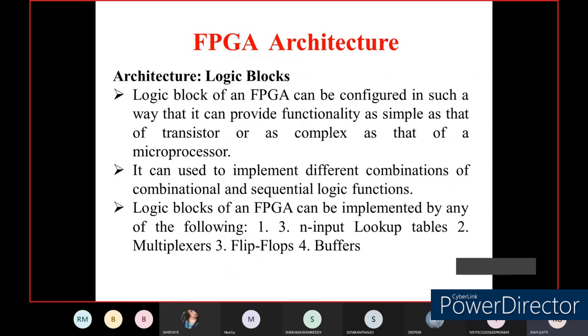So these logic blocks are responsible for implementing the following elements: lookup tables, multiplexers, flip-flops and buffers. These are the elements which can be implemented through the use of the logic blocks.